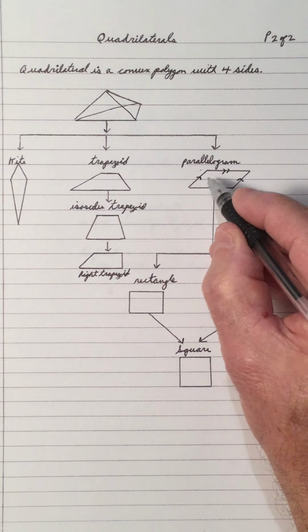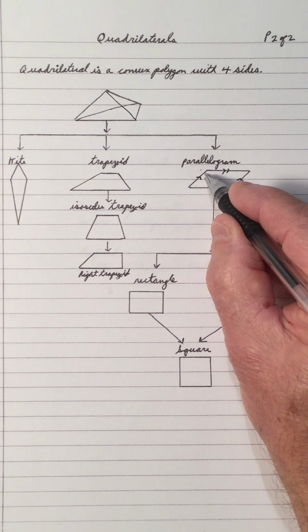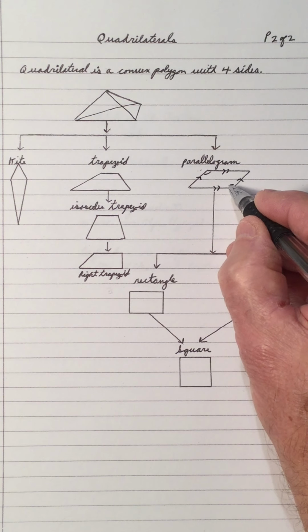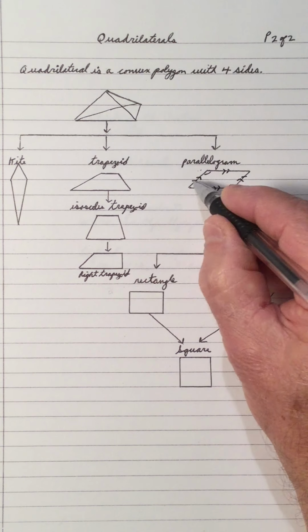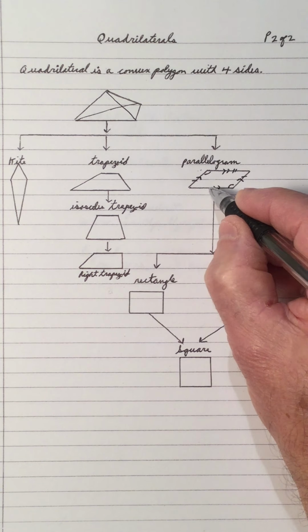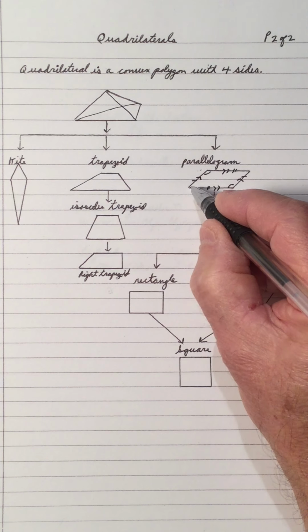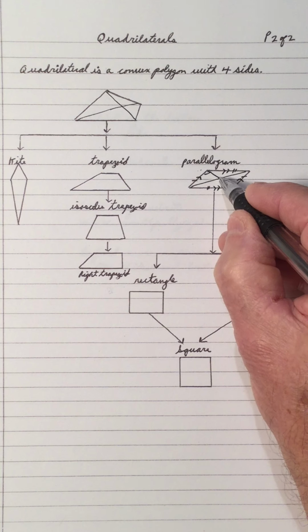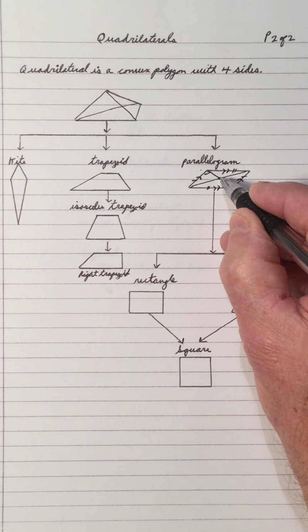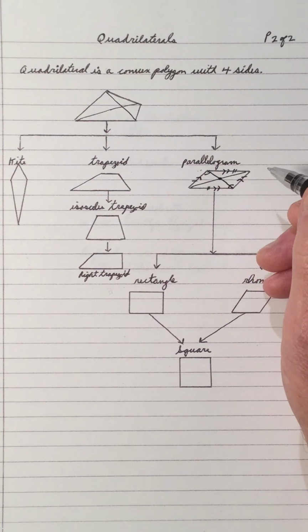But we also know that the opposite angles are equal, the opposite sides are equal, and the diagonals bisect each other, meeting at the same point. They both have the same midpoint.